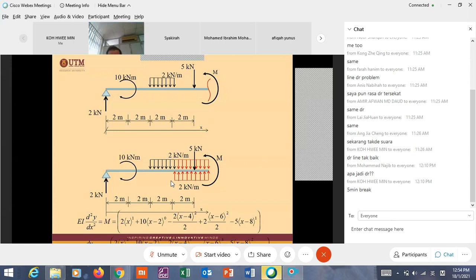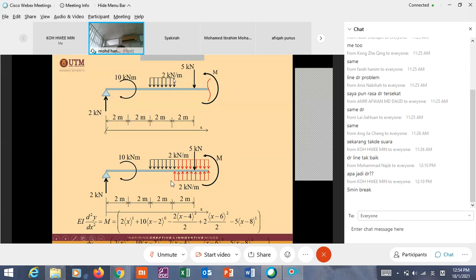If you derive the wrong equation here, then you end up with the wrong deflection equation, wrong answer. Okay. I think this is another important point to remember.